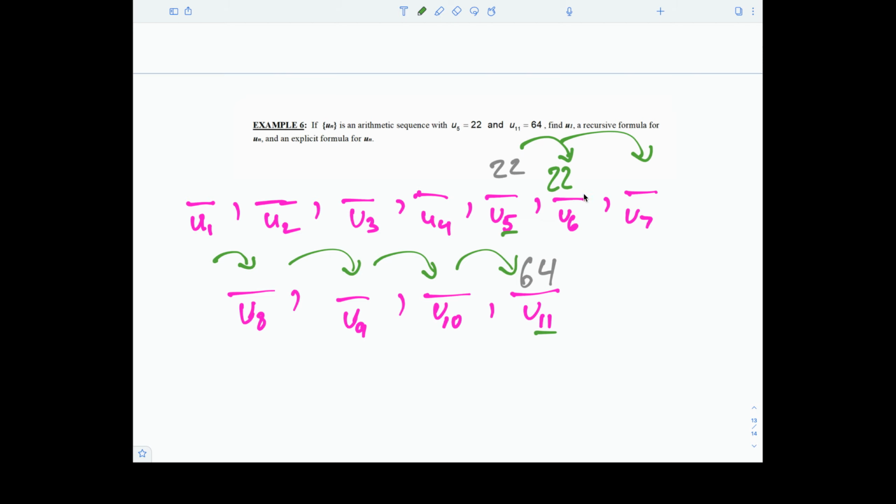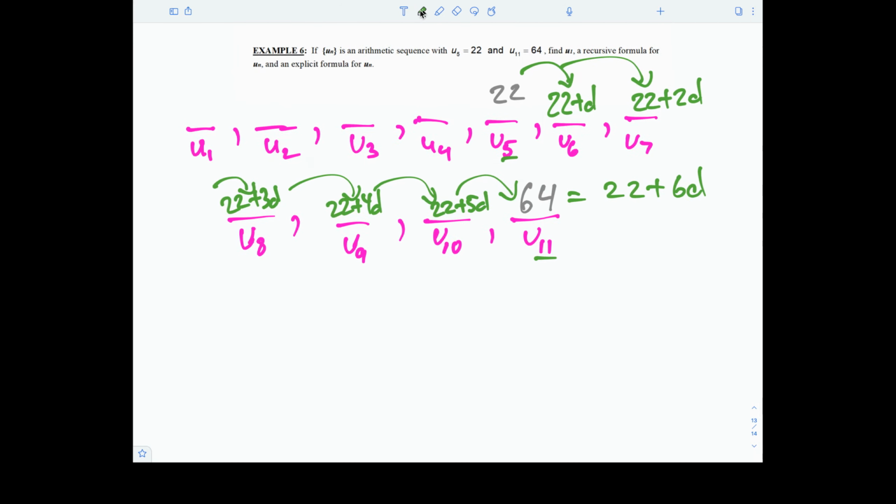This is 22 plus d, 22 plus 2d, 22 plus 3d, 22 plus 4d, 22 plus 5d, so this one would be 22 plus 6d, right? We jumped 6 times, and each jump is the difference, right? So that would be 6d.